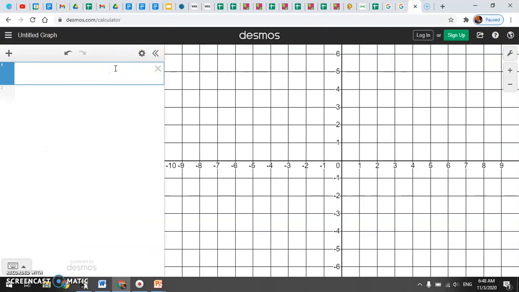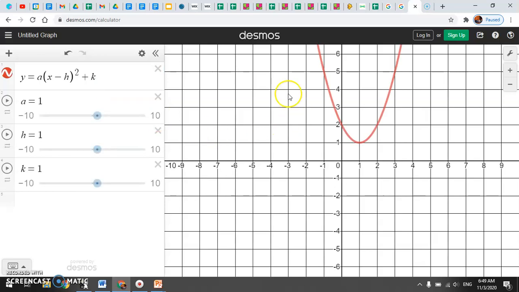So vertex form parabola looks like this. y equals a parenthesis x minus h squared and then plus k. Make sure you've entered that in and then hit all so that your a, h, and k values all become sliders. So there we see a parabola.